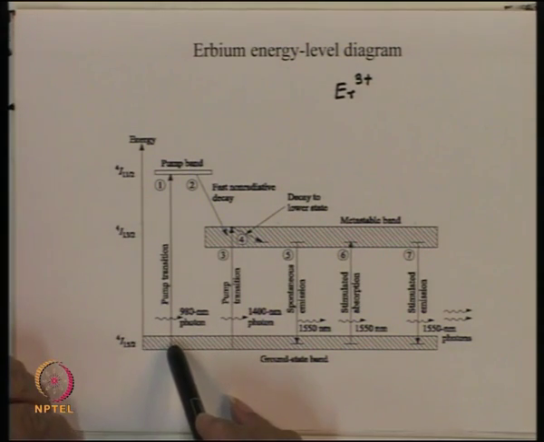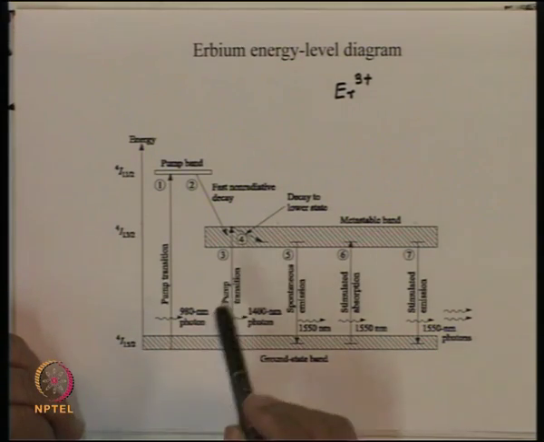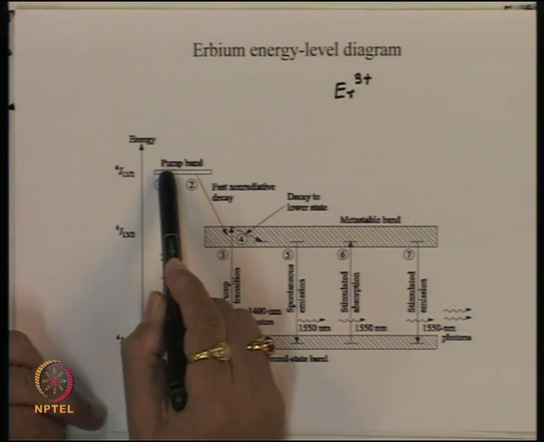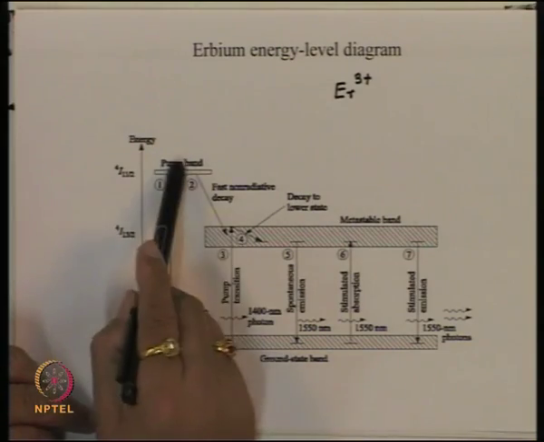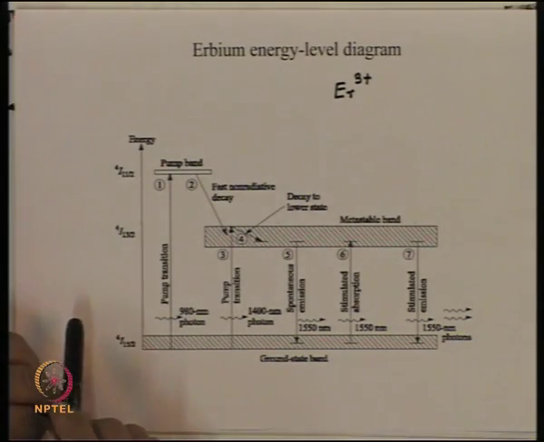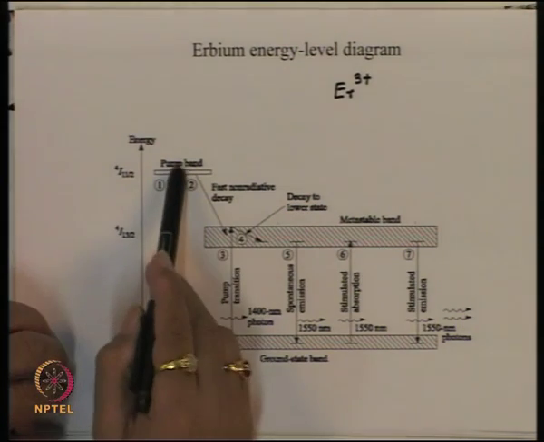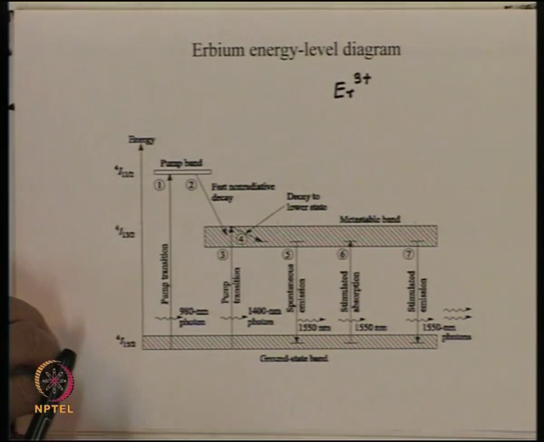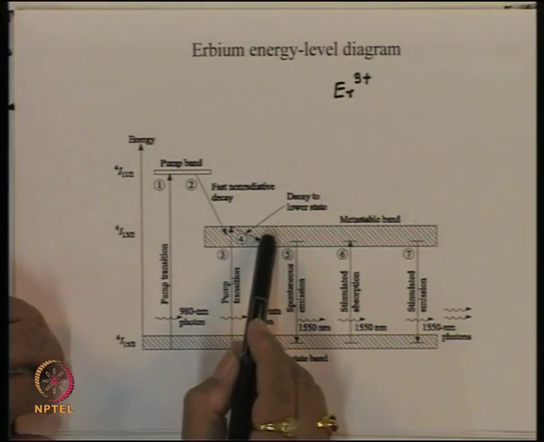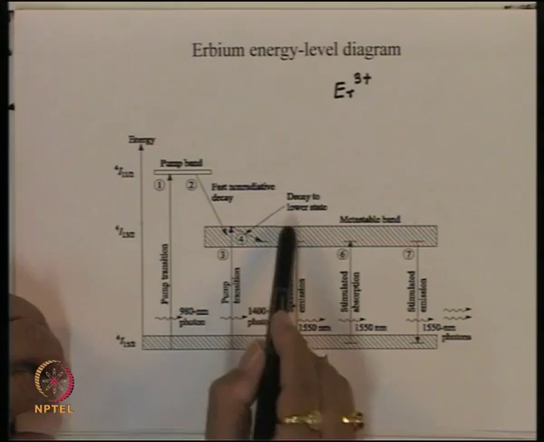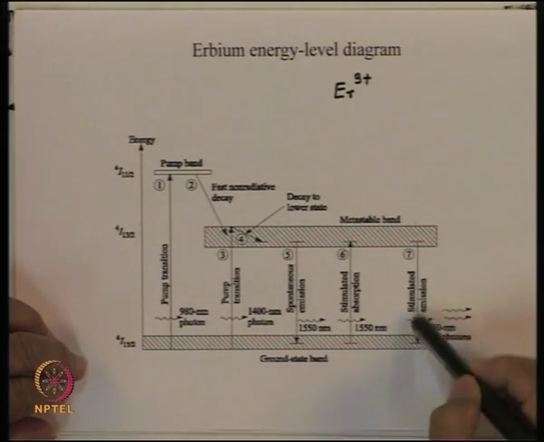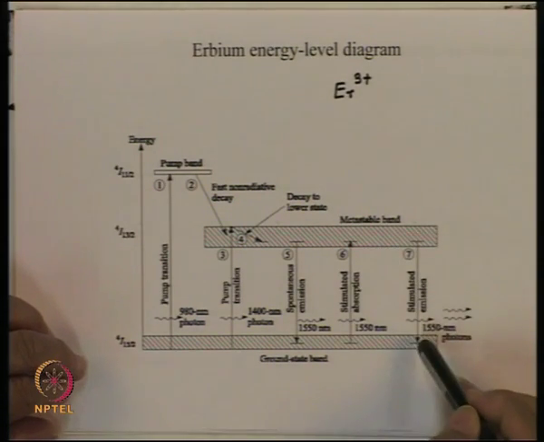One is that we can pump this material with a 980 nanometer source, so it is excited to this level first. Then the lifetime from this to this is very small, of the order of a microsecond, so very quickly the material relaxes to the metastable level, which is this. Then within this level the system can relax to the lower energy levels which are more clustered here, and the stimulated emission can take place between the lower end of this band and the ground state.